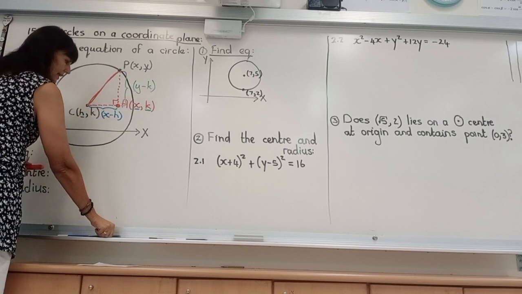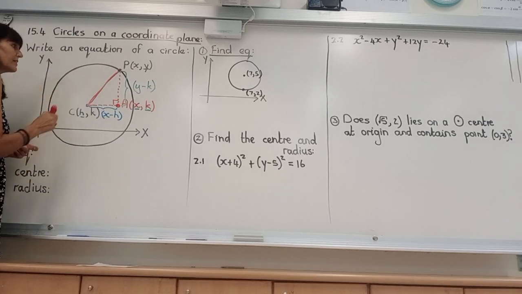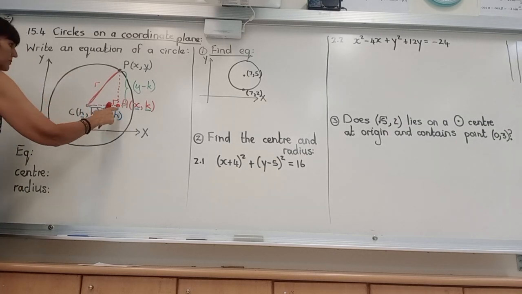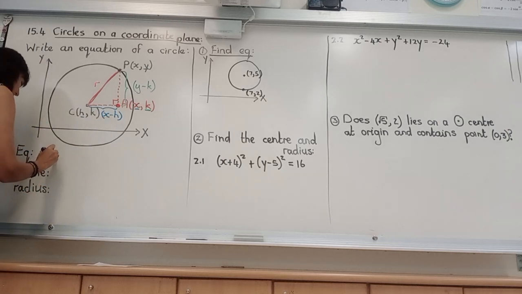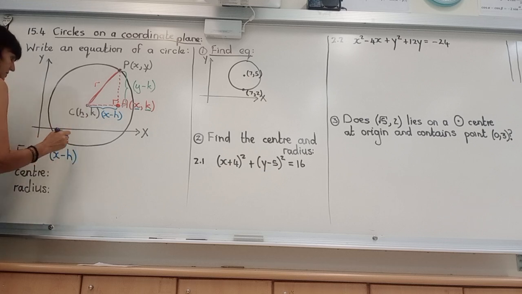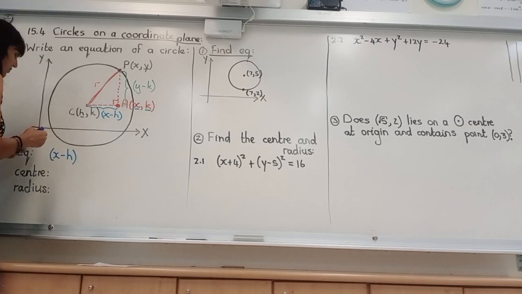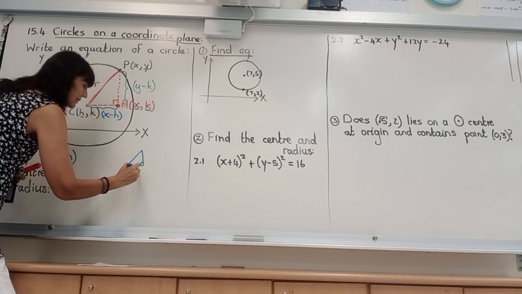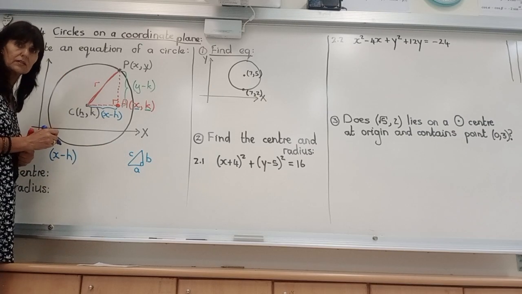And now to write down an equation for my circle, how do I find the radius r? I'm going to use the Pythagorean theorem. Can you remember the Pythagorean theorem? If we have a triangle, then a squared plus b squared equals c squared.